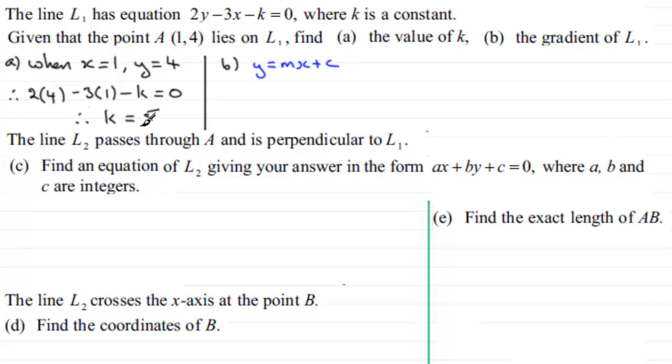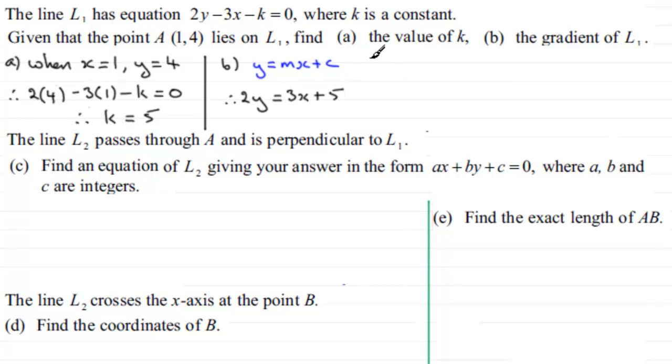And we'll substitute k equals 5 in here as well. So if I was to add 3x to both sides and add k, or 5, to both sides, I would therefore end up with 2y equals 3x plus 5.